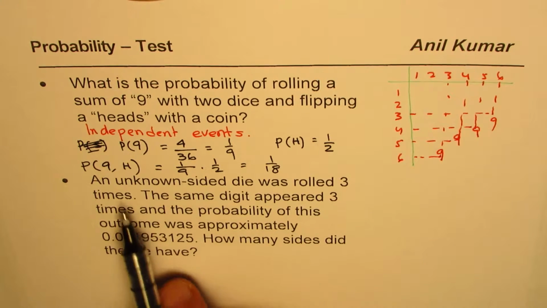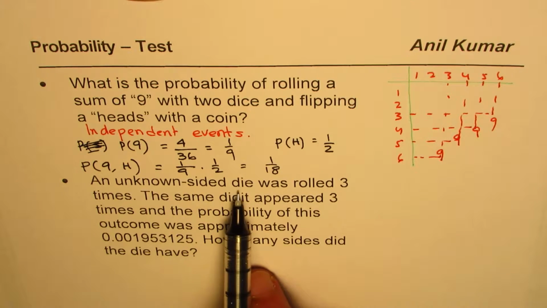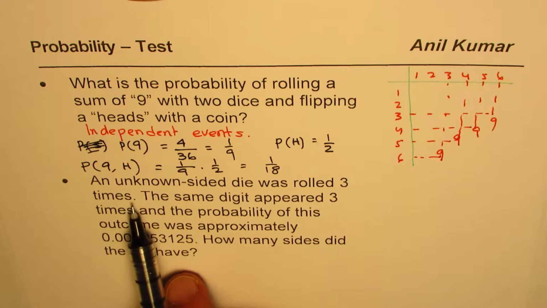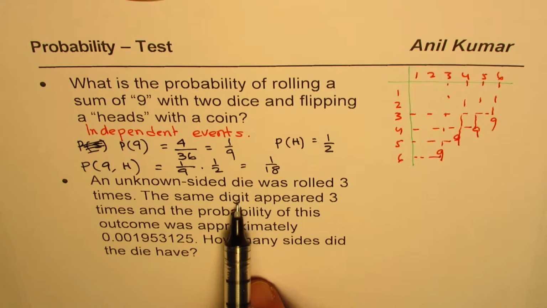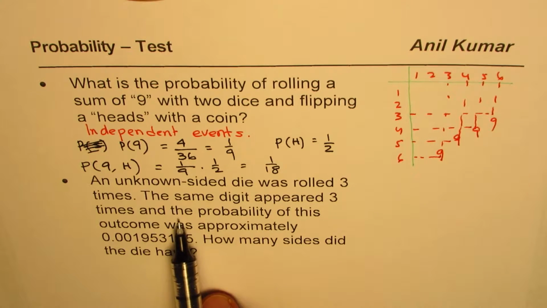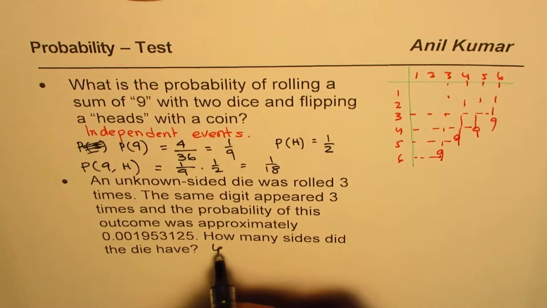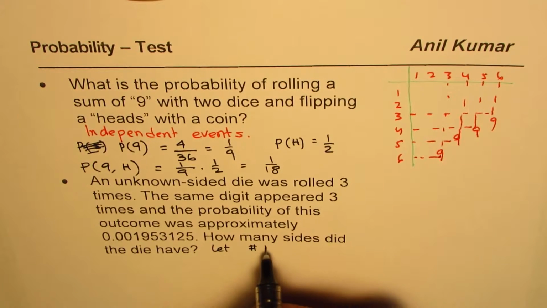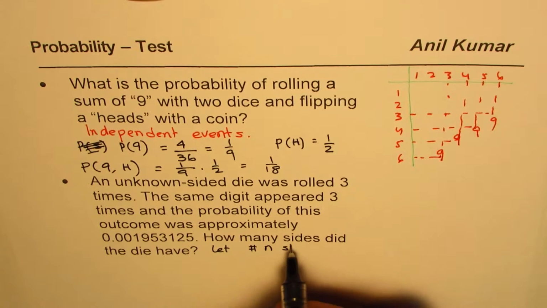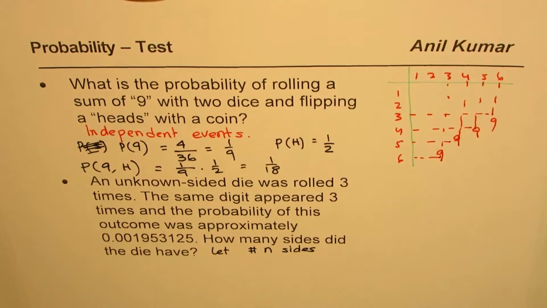The second one here is, an unknown sided die was rolled 3 times. The same digit appeared 3 times, and the probability of this outcome was approximately so much. How many sides did the die have? So let the number of sides be n, an n-sided die.